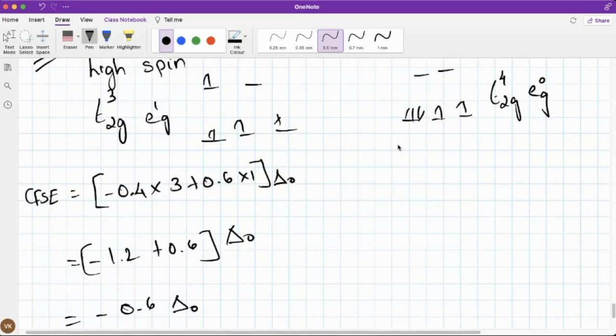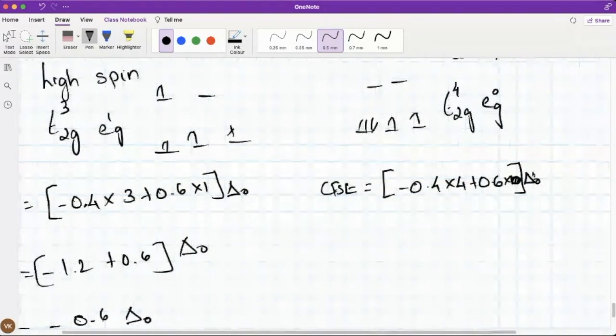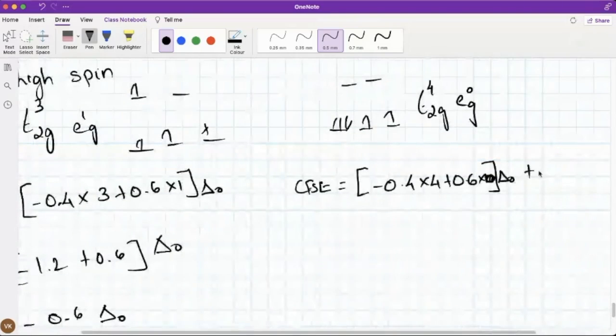If I calculate this low spin side, CFSE will be equal to minus 0.4 into 4, as there are 4 electrons, plus 0.6 into 0, times delta naught. In addition to this, you have to put the pairing energy.